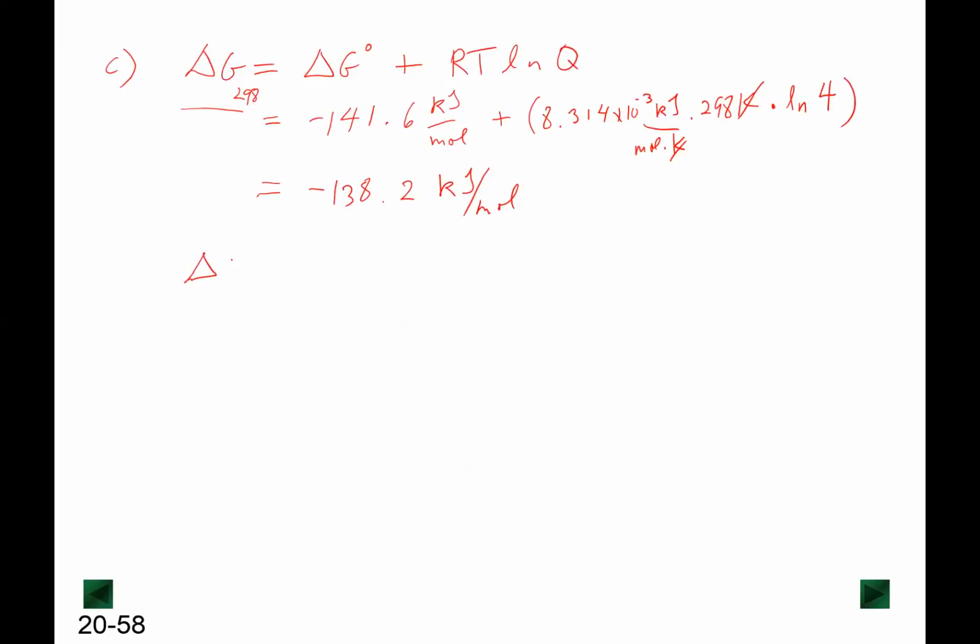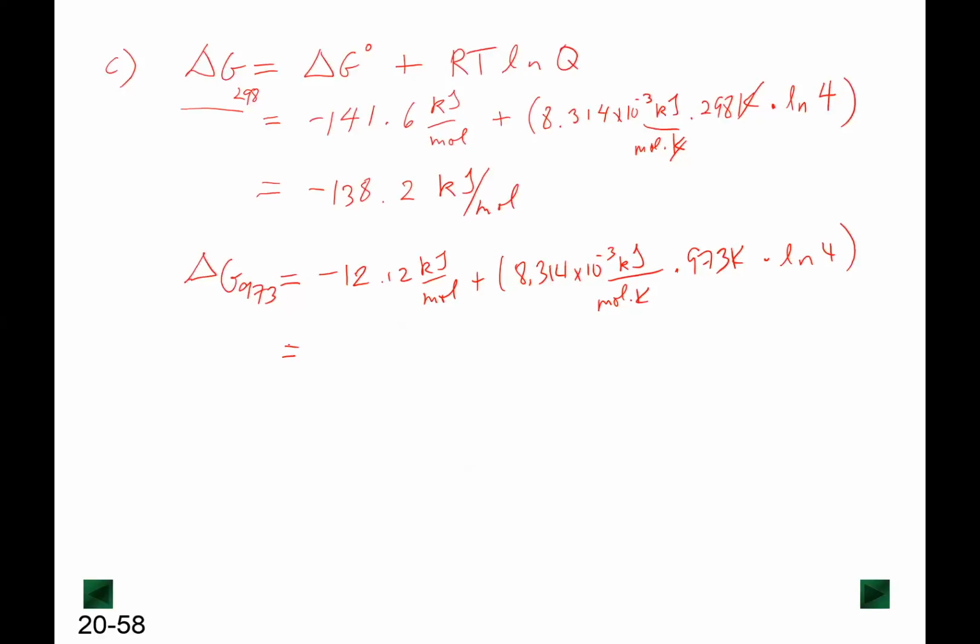And then using the same equation at 973, of course, we'll use a different temperature, but we'll use the delta G at 973, which was given to us as minus 12.12 kilojoules per mole. We will add again our 8.314 times 10 to the minus 3 kilojoules per mole per Kelvin times our 973 Kelvin times the natural log of 4.